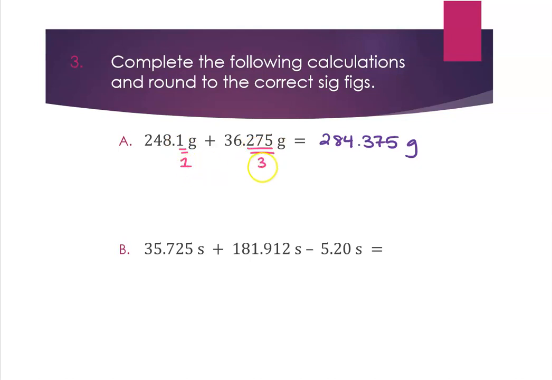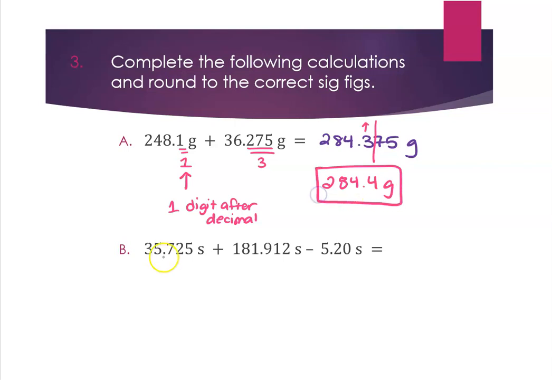So 1 is smaller than 3. So my answer will have 1 digit after the decimal place. All right, so this time I don't count from the beginning of my value, I count from the decimal place. So I just go over 1, that's my cutoff. The 7 means that the 3 rounds up to a 4. So this would be 284.4 grams.